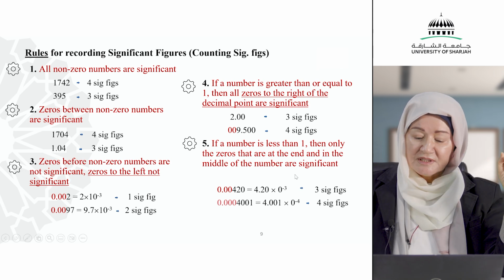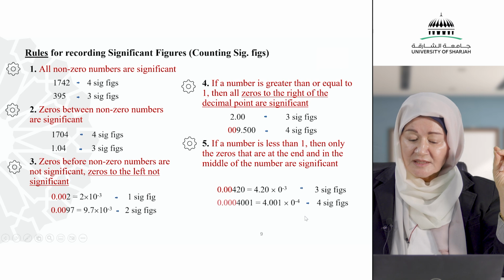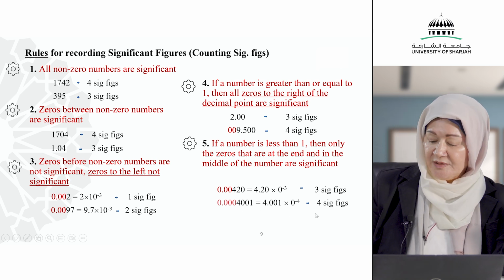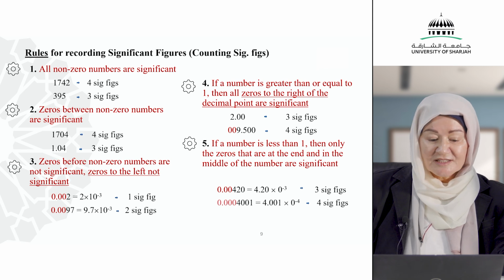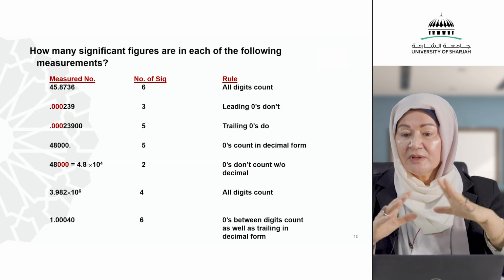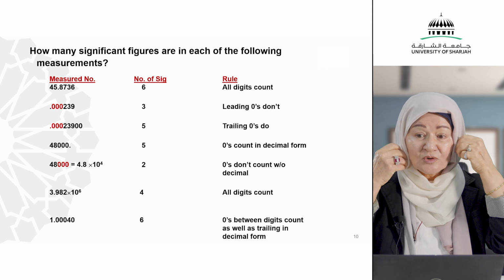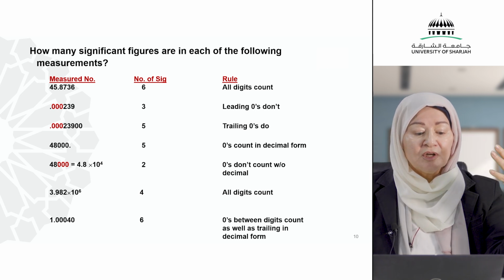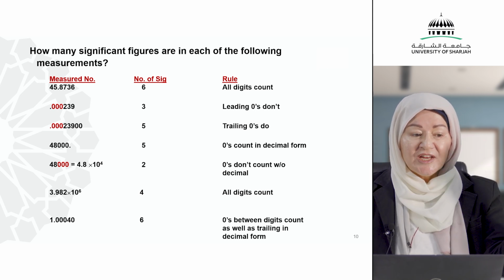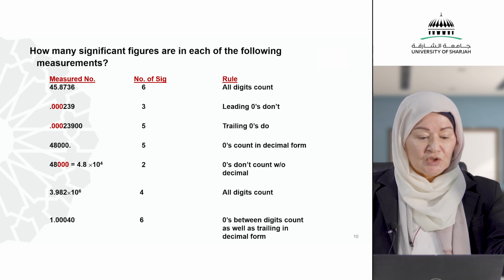To the left, not significant. The last example, I have 4 significant figures, and by this, I have summarized for you all the rules for significant figures. And you have to apply them according to whatever mathematical operations you do.